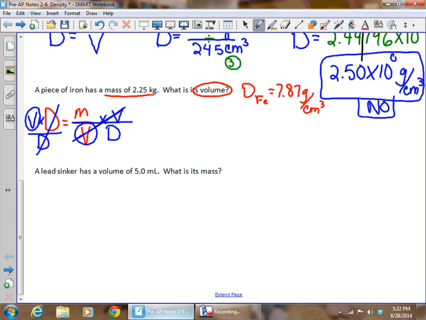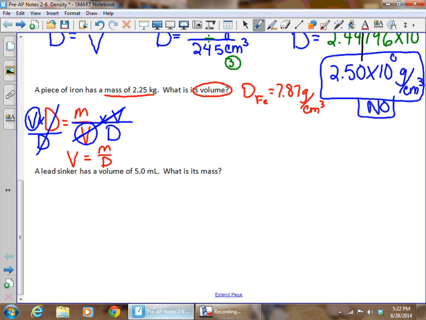And look at what we're left with. We're left with the fact that V is equal to M over D. I must see the equation written solved for the variable that you're trying to solve for.